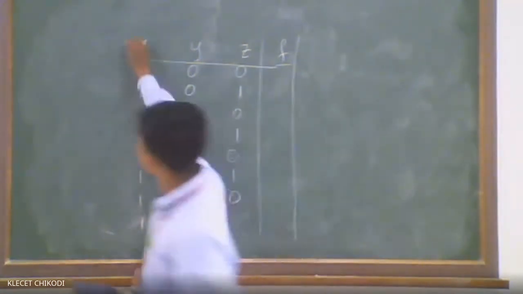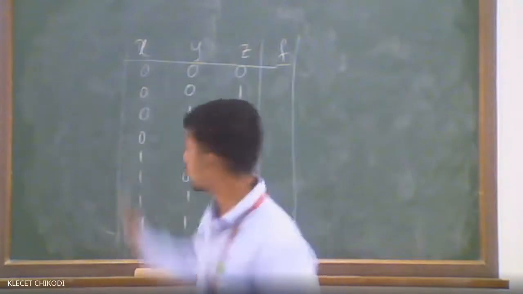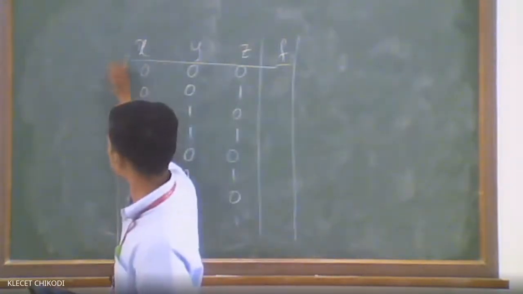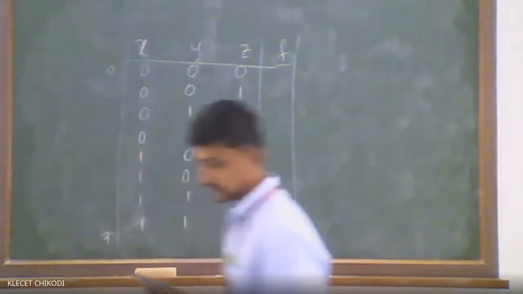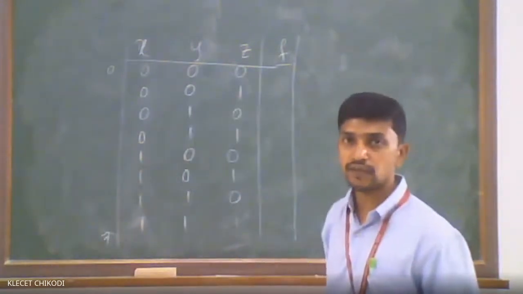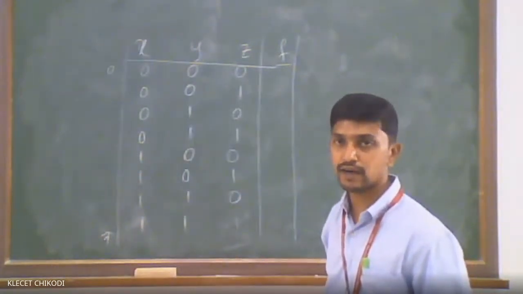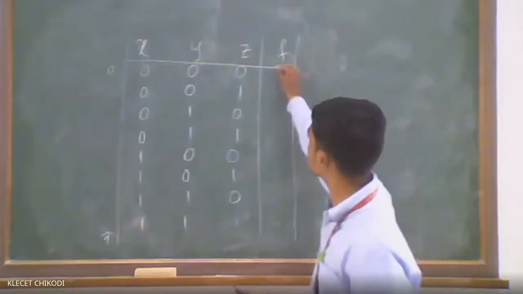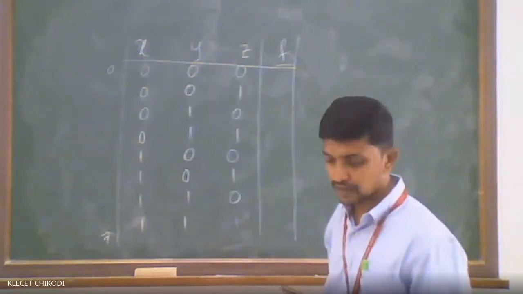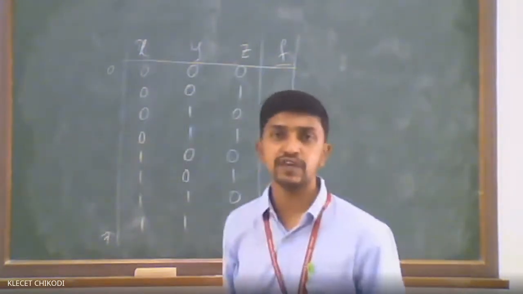They have written the decimal equivalent numbers here. You just note it down, 0 to 7 they have mentioned. You can see that the function value they have written in terms of zeros and ones.